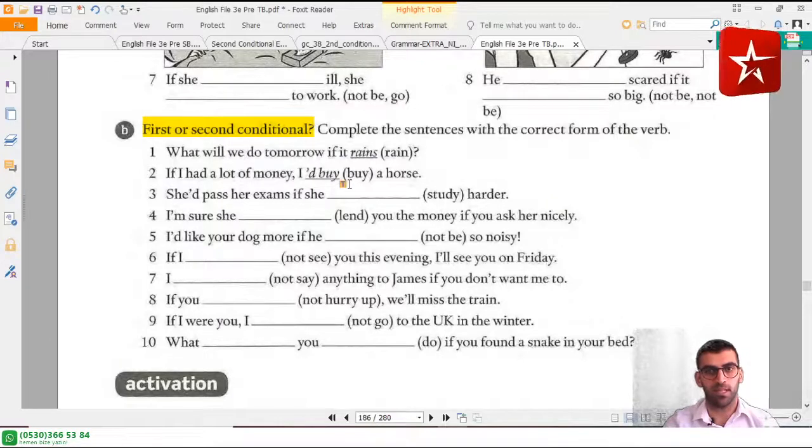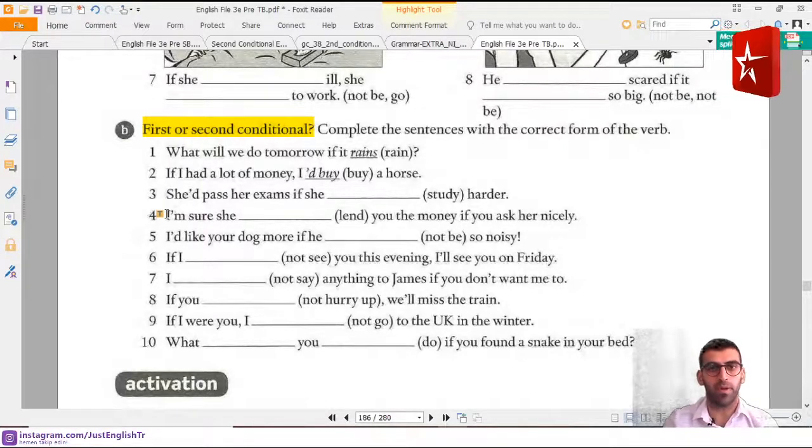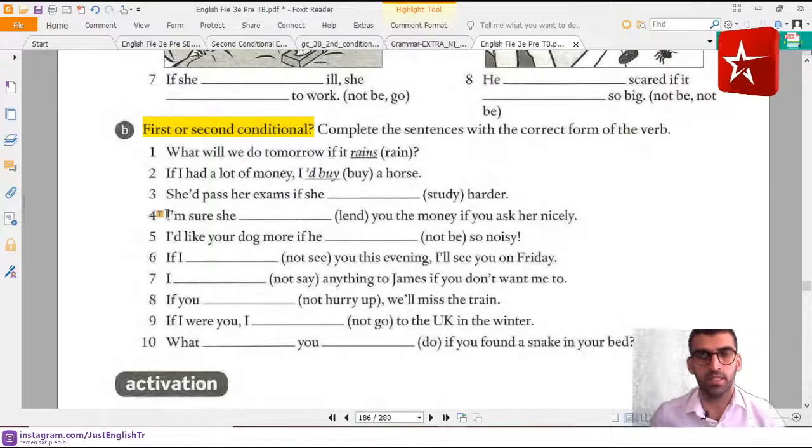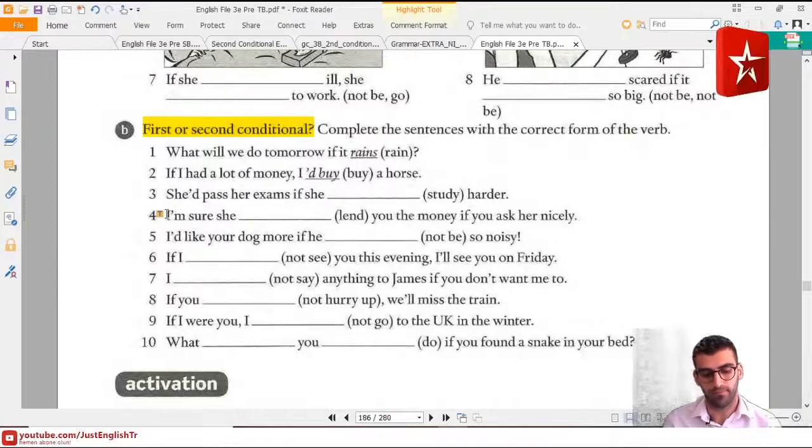This is the first conditional sentence. The number 2 is, if I had a lot of money, I would buy a horse. Yes. What about number 3? Which tense is it? She blah blah blah.